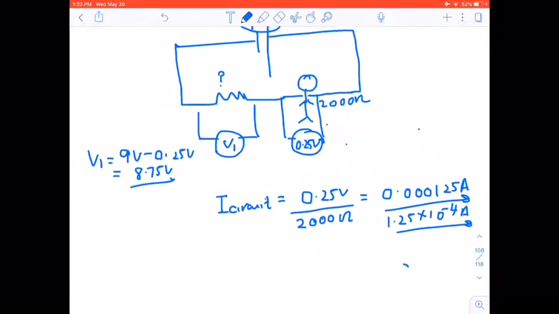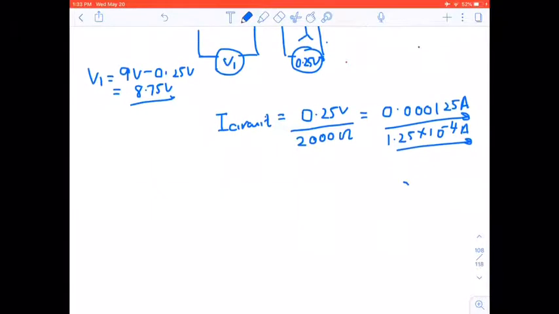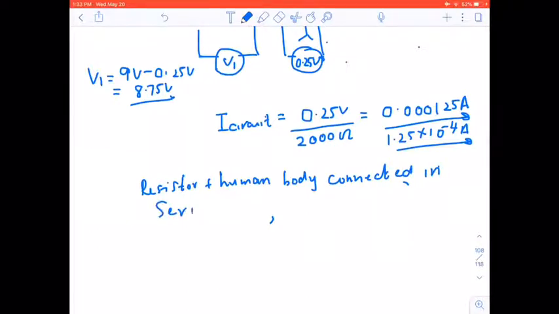Right, but we know what current we have there, and the human body and this resistor are connected in series, right? So the resistor plus the human body are connected in series.